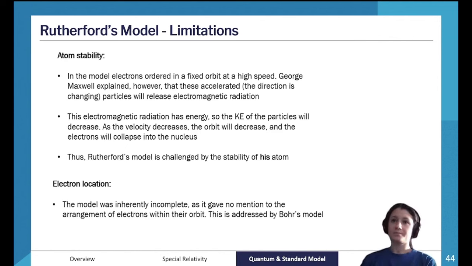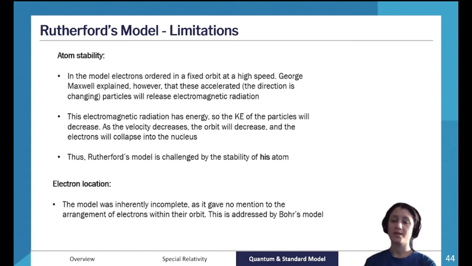All right? Because they're accelerating, their direction is changing, which means they're constantly emitting EMR. They're losing energy. All right? So that means that they're going to slow down, because they have less energy.